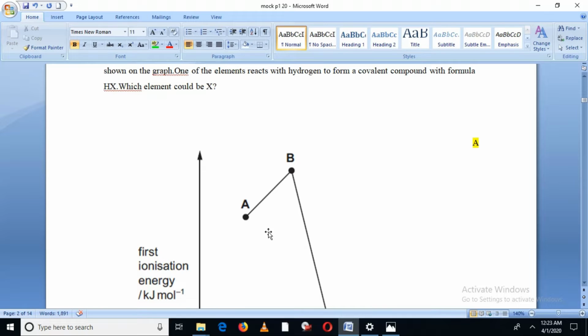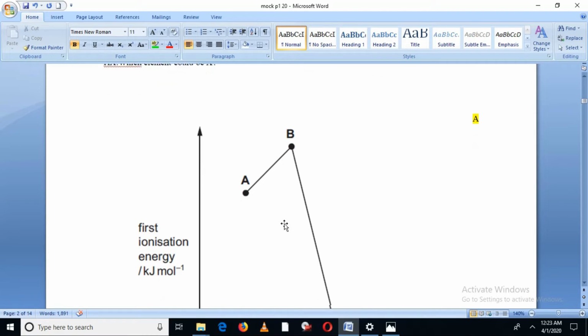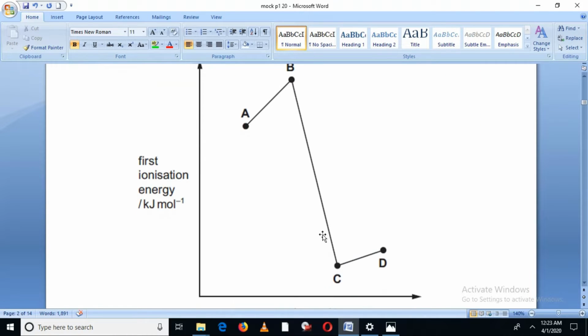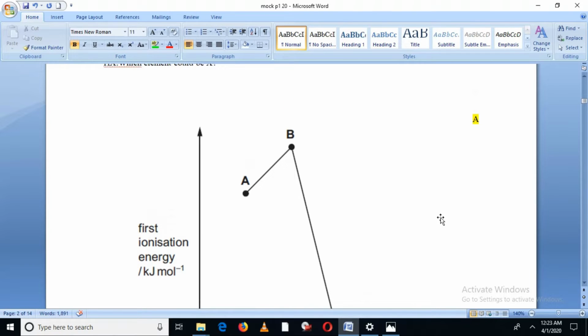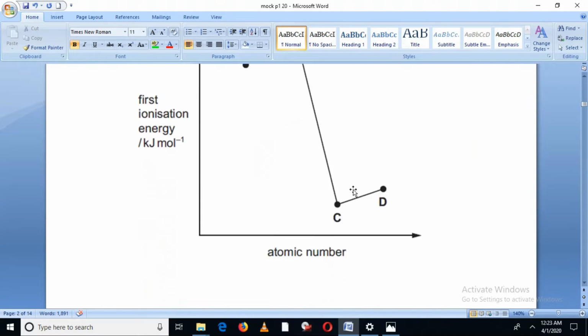They form HX with hydrogen, the binary compounds, while the element C here belongs to group 1, while element D belongs to group 2. So our answer is A, as A is from halogens. It has the second highest ionization energy in the period, and it forms the HX molecule, as X itself represents it. So A is the answer.